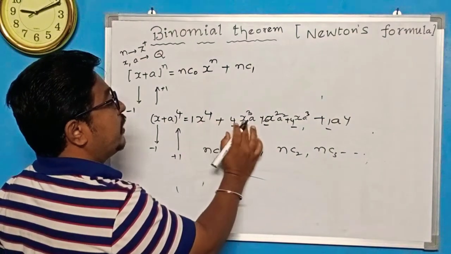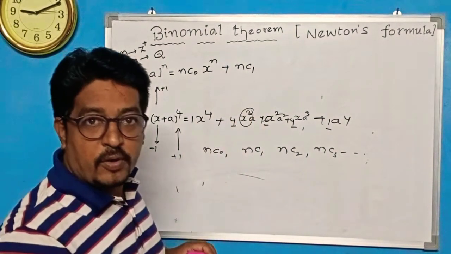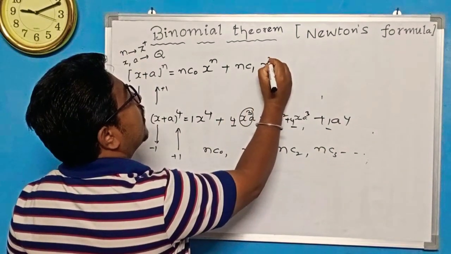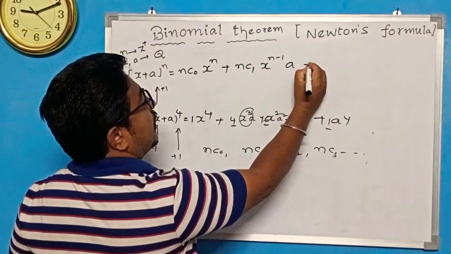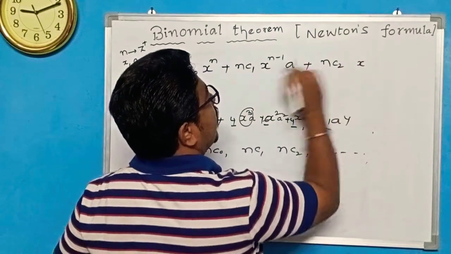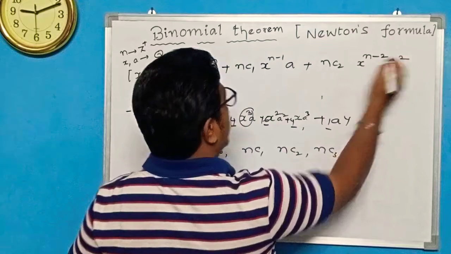Here x^4 decreases by 1, 4 minus 1 is 3, so x^(n-1) joined with a, plus nC2 x^(n-2) a^2.